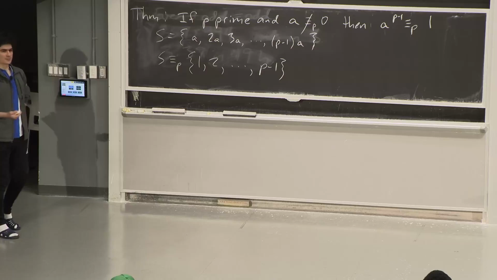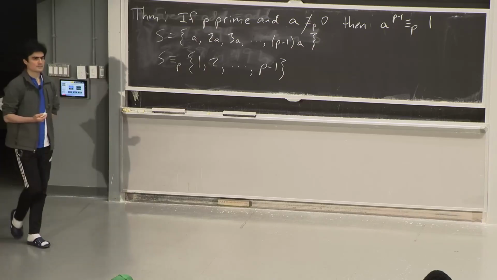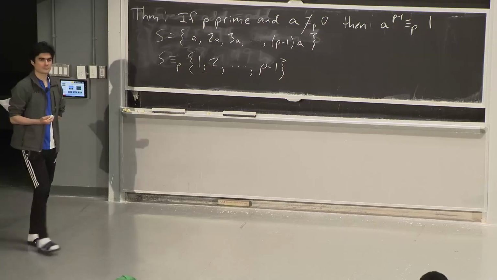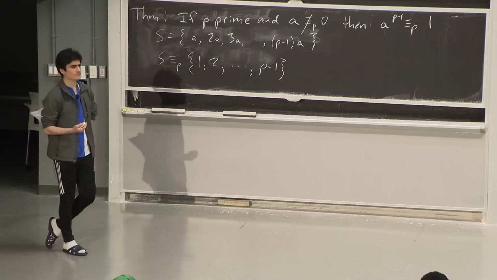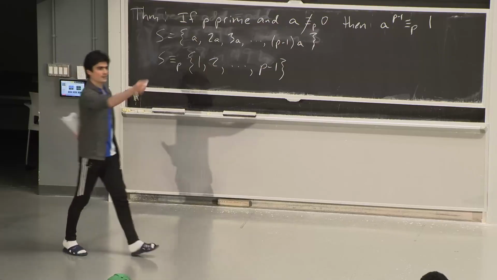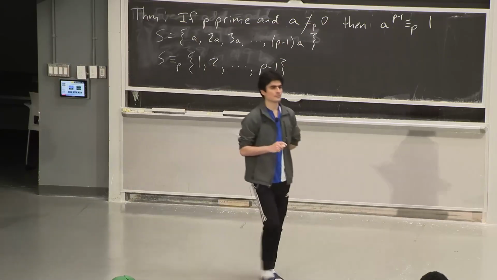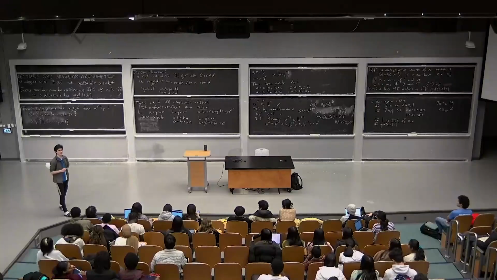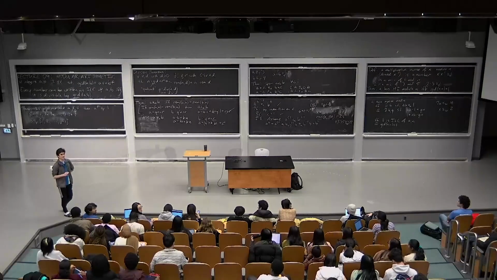Why are they all distinct modulo p? If we think of a being congruent to some n modulo p, then they're all some constant from 1 to p minus 1 times that n, and none of those will be congruent modulo p.